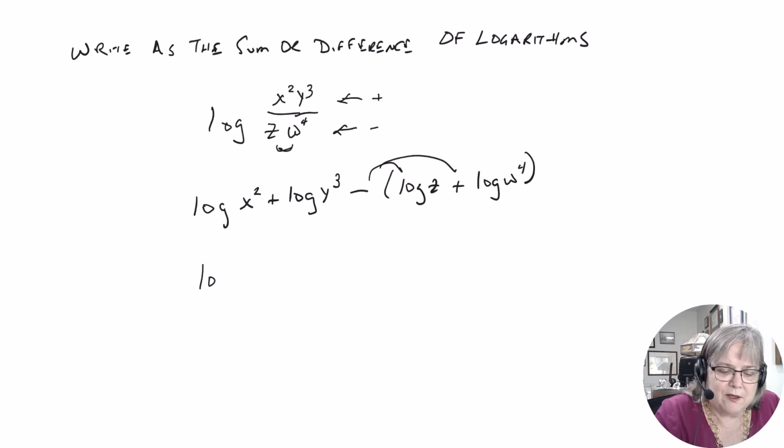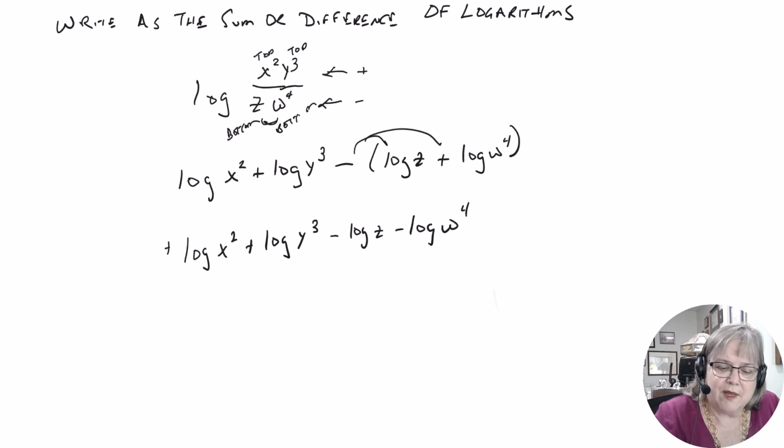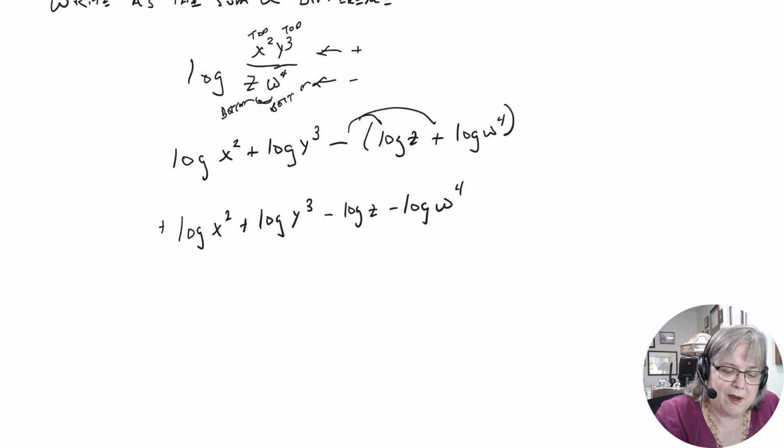So it's really just as fast to say this is top, top, bottom, bottom. So it's plus, plus, minus, minus. There's an understood plus there, then minus log of z minus log of w to the 4th. And then you have to pull the powers down in front.